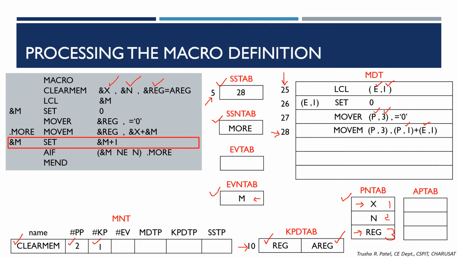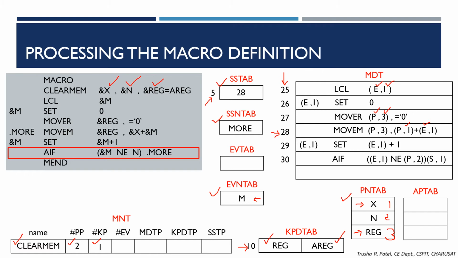Now the next statement is &M SET &M+1. So the code generated will be E comma 1 SET E comma 1 plus 1. The next statement is AIF (&N NE &X) .MORE.